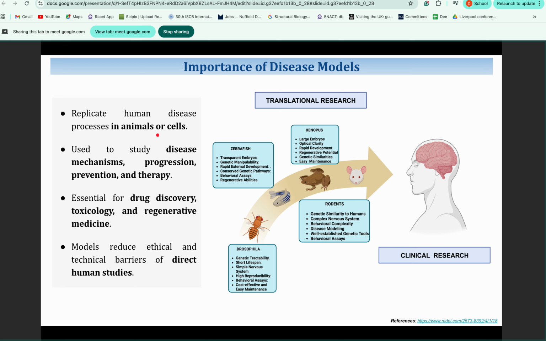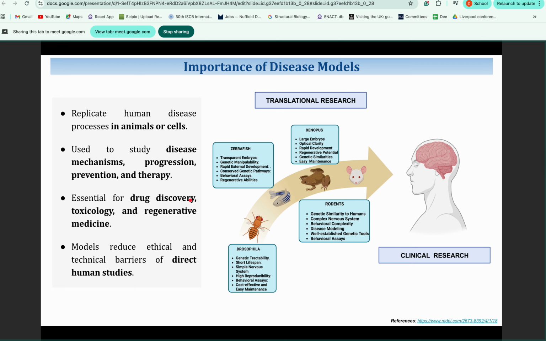All those things can be replicated and studied, and models are used to study disease mechanisms, their progression, their prevention and therapy. It is essential for drug discovery, toxicology and regenerative medicines.